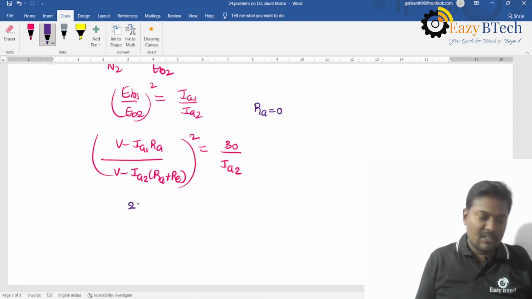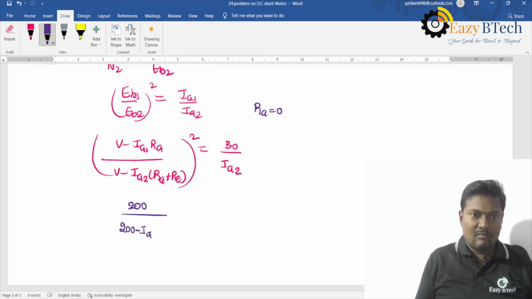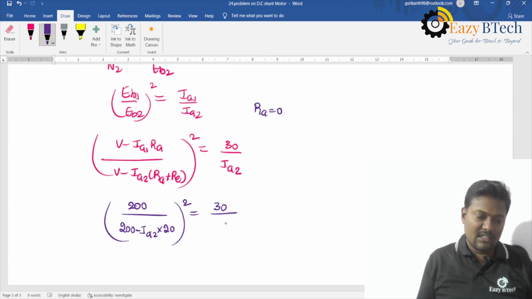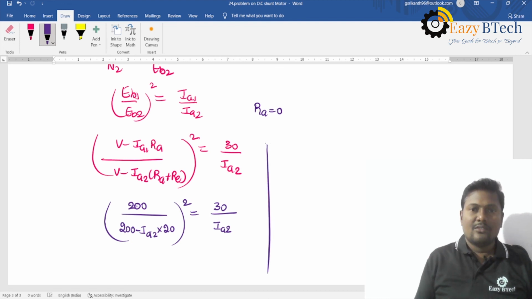So the supply voltage is 200, divided by 200 minus IA2 into the external resistance value that is added, 20, whole square, is equal to 30 divided by IA2.